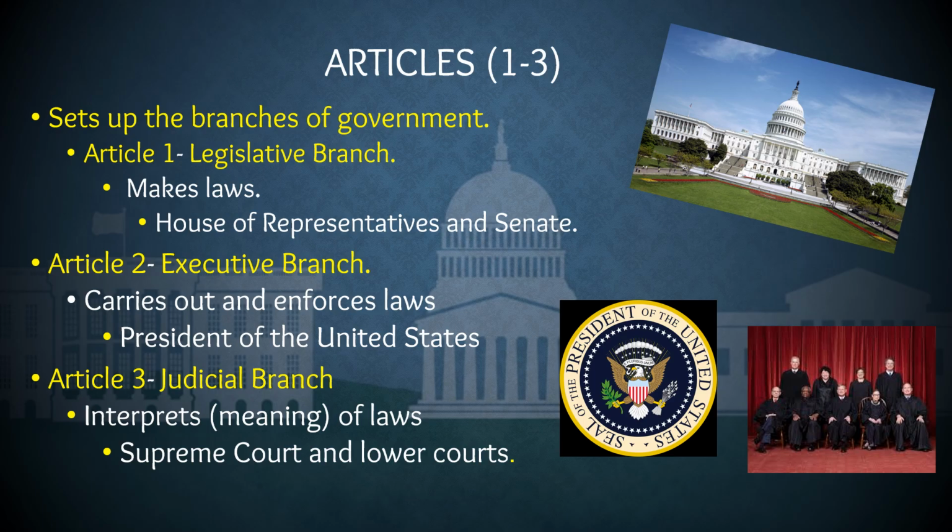You have Article 2, which is the executive branch. The executive branch carries out and enforces the laws throughout the nation, and that is considered the President of the United States. And then you have Article 3, which is the judicial branch, which interprets the meanings of laws. And that could be the United States Supreme Court or the lower courts.